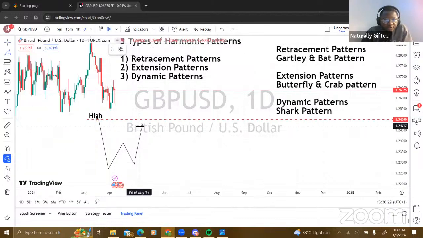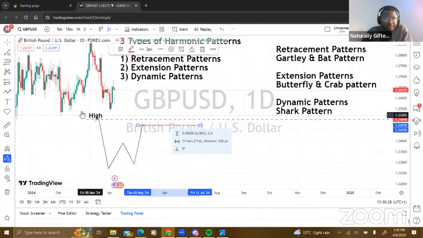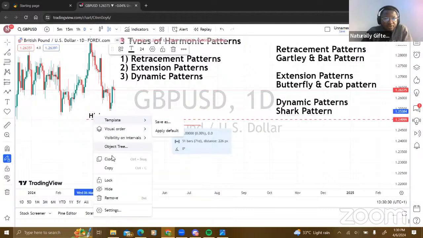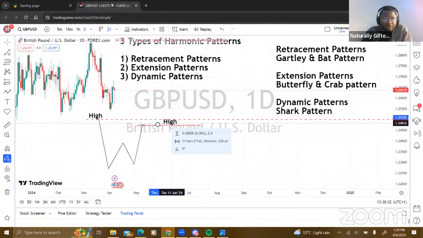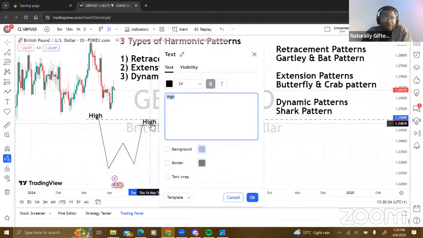And this level you have here will be the retracement. This is the retracement here.